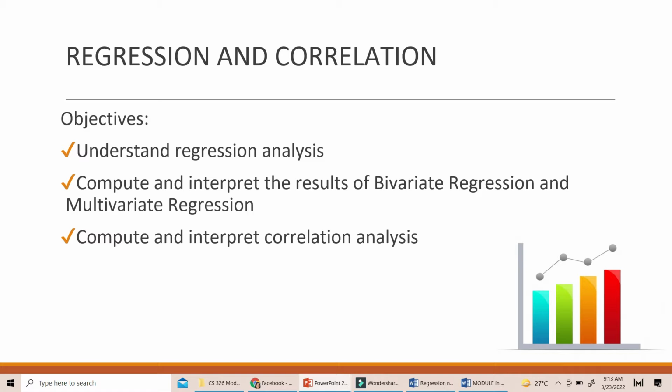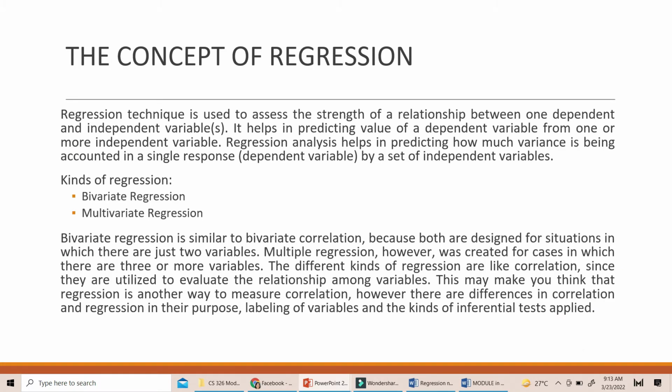Before that, I will discuss the theory or concept of regression so that you will understand where regression analysis is coming from. The regression technique is used to assess the strength of a relationship between one dependent and independent variables.